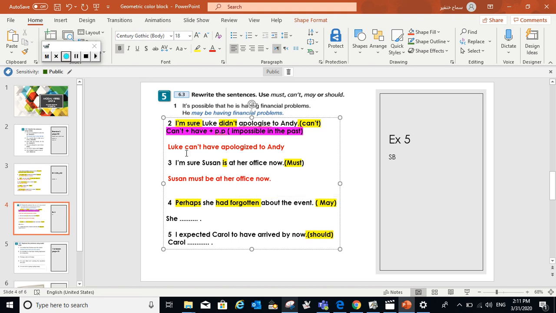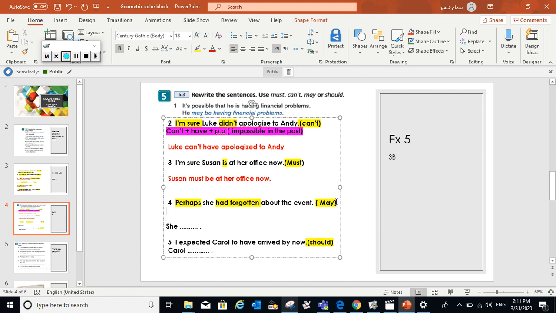Again, we are going to follow the same rule but using a different modal verb. So because something was probable to happen, it was possible to happen in the past, so may plus have plus the verb in the past participle, which means something that was possible to happen in the past.